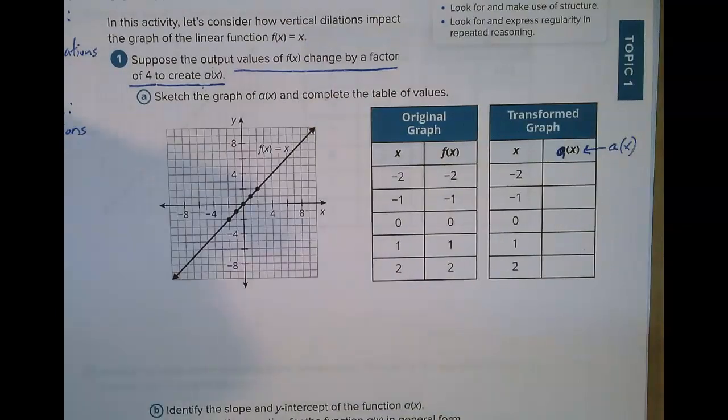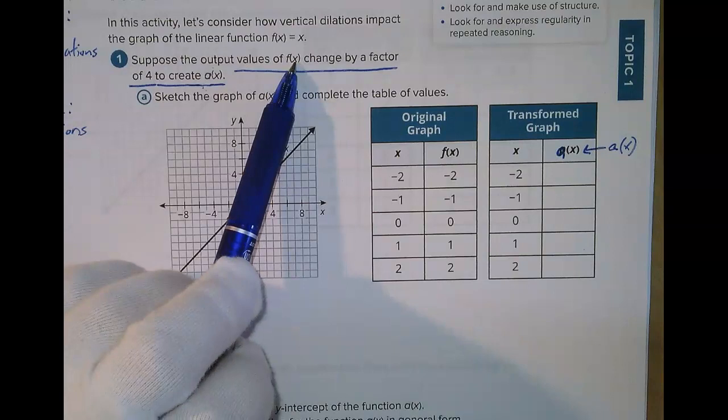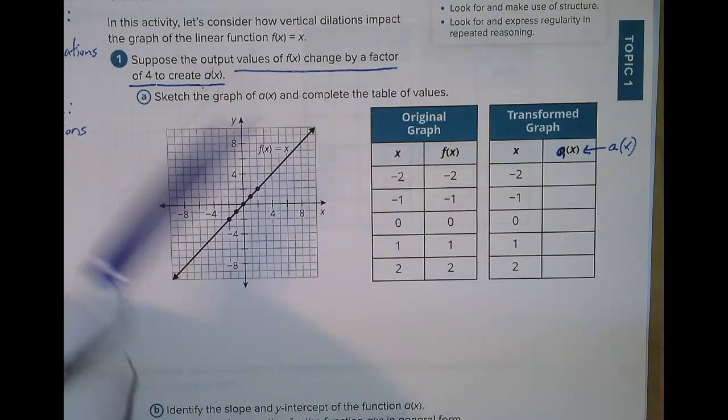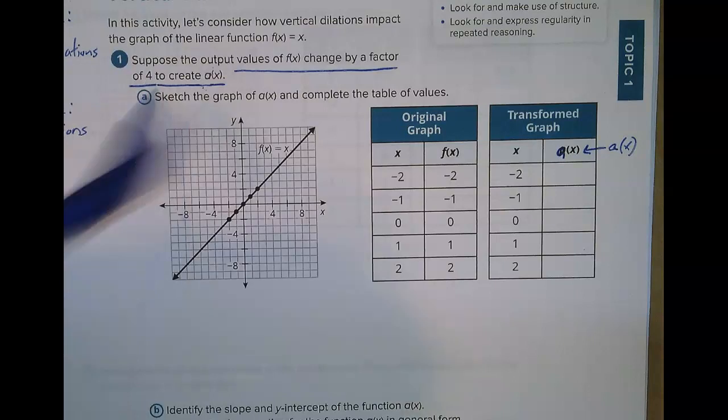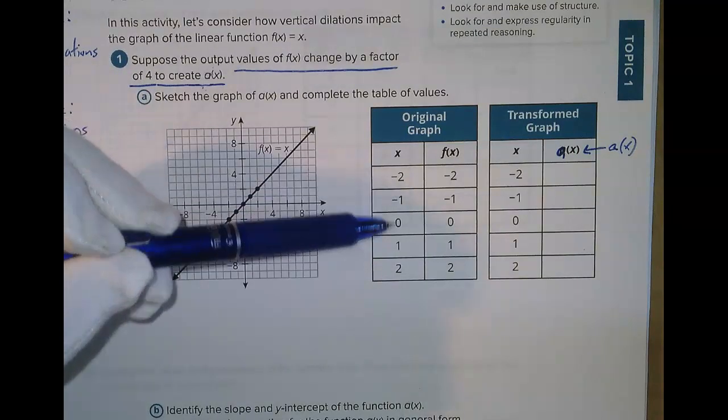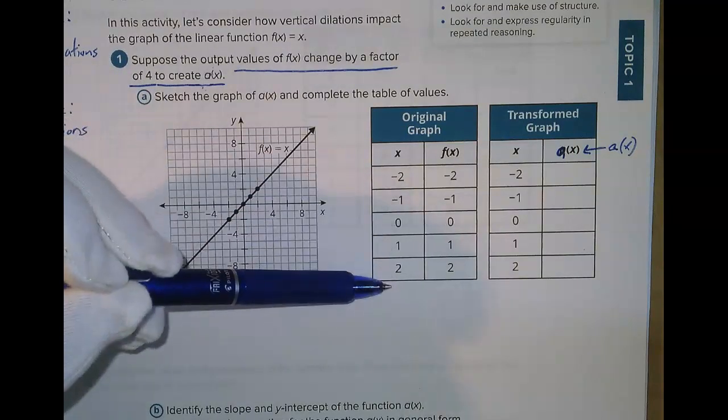So what we're going to do now is we're going to change f of x. We're going to take this function, f of x, and we're going to change it by a factor of 4. Now what this means is we're going to take the output and multiply by 4. So as before, our input values are going to stay the same.